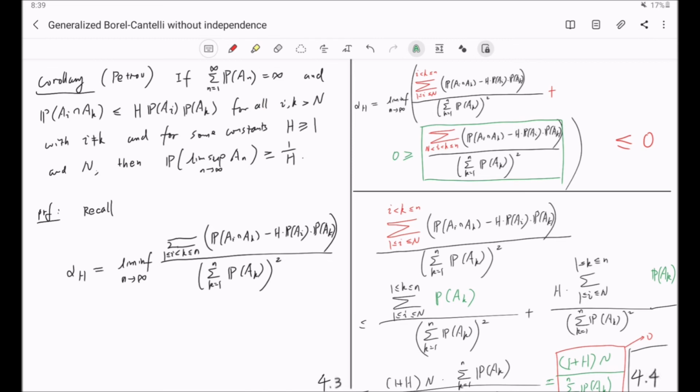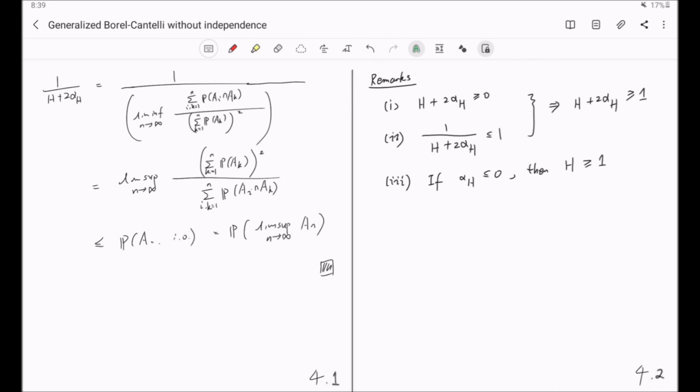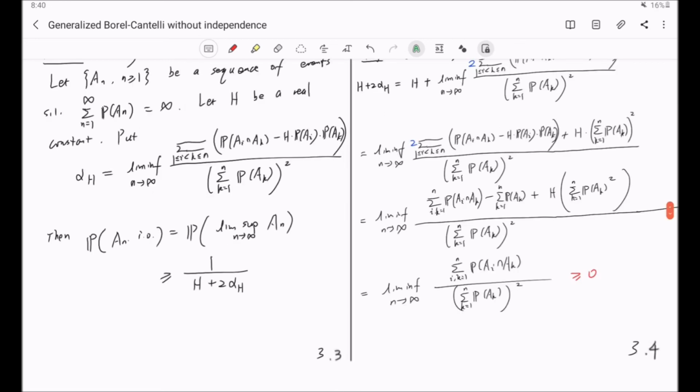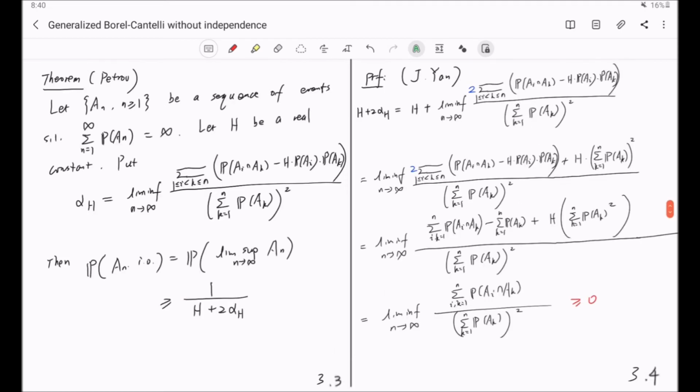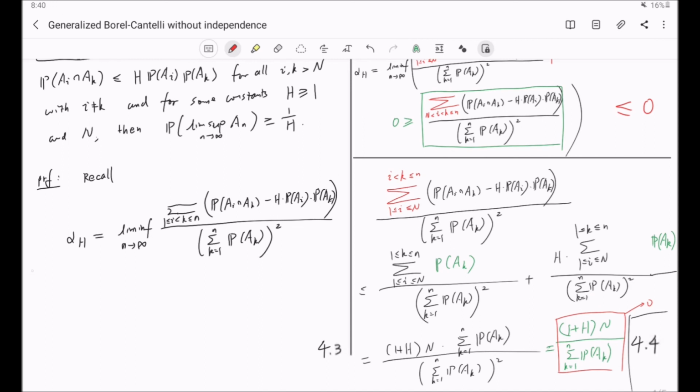Now, with this clarification, let us prove this corollary. By our remarks above, that h plus 2 alpha h is greater or equal to 0, together with this inequality in the Petrov theorem, which states that the probability of An happening infinitely often is greater or equal to 1 over h plus twice of alpha h.